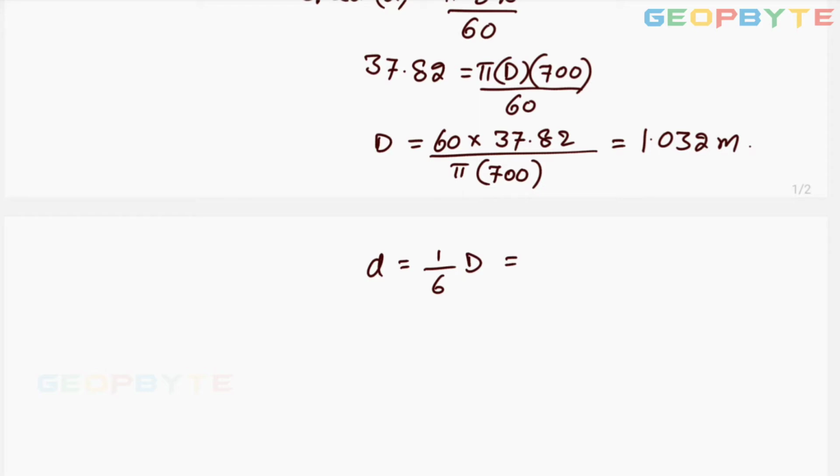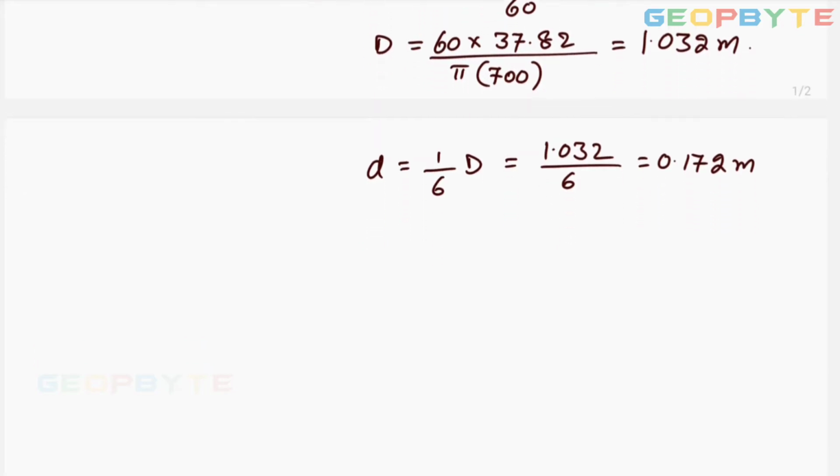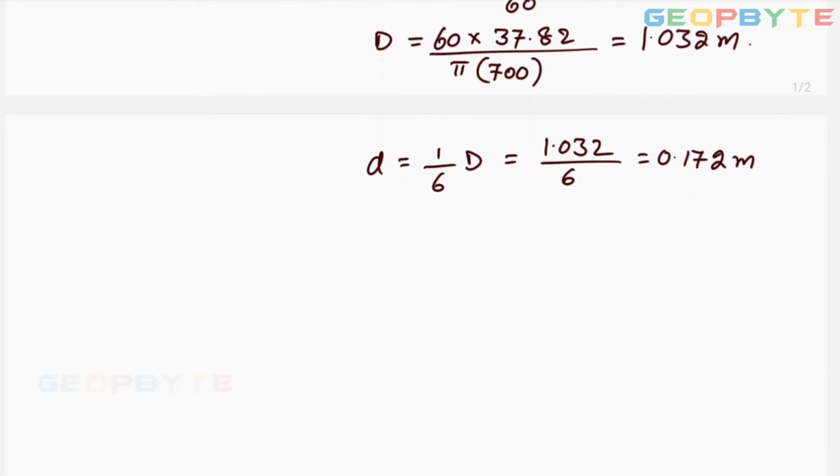It is equal to 1.032 divided by 6 to get 0.172 meters. Then area of each jet.